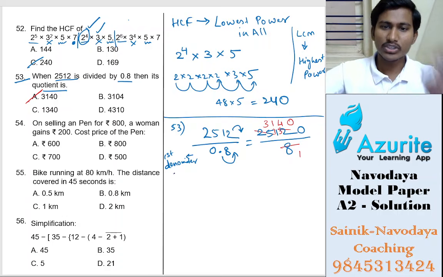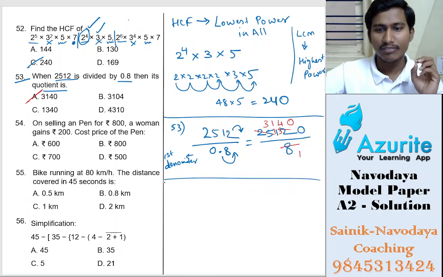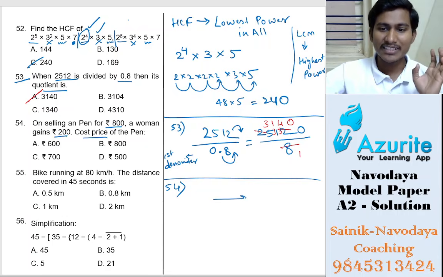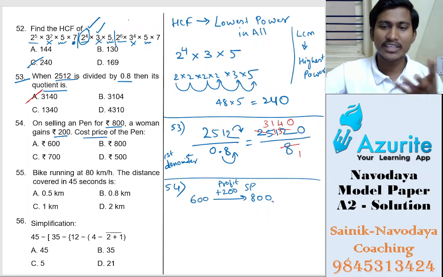Now let's do the next, question 54. On selling a pen for 800 rupees, a woman gains 200. Find the cost price. The selling price is given, 800 rupees, and the profit is 200. So the cost price will be 600, since 600 plus 200 is 800.